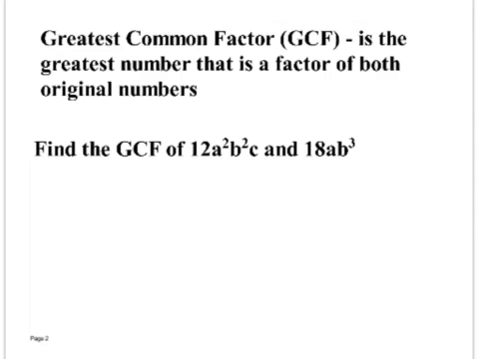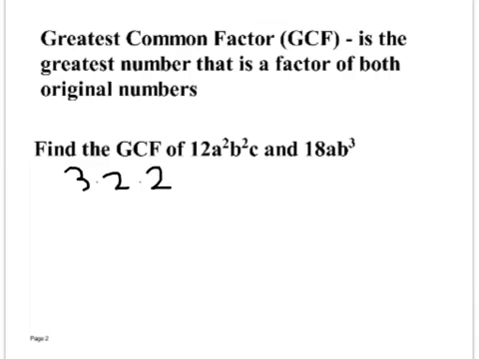So 12a squared b squared c. 12 would factor into what? 6 is not a prime factor. 1's understood, 1's everything. 2, 3. 4 would not be because it can be broken down into 2 and 2.